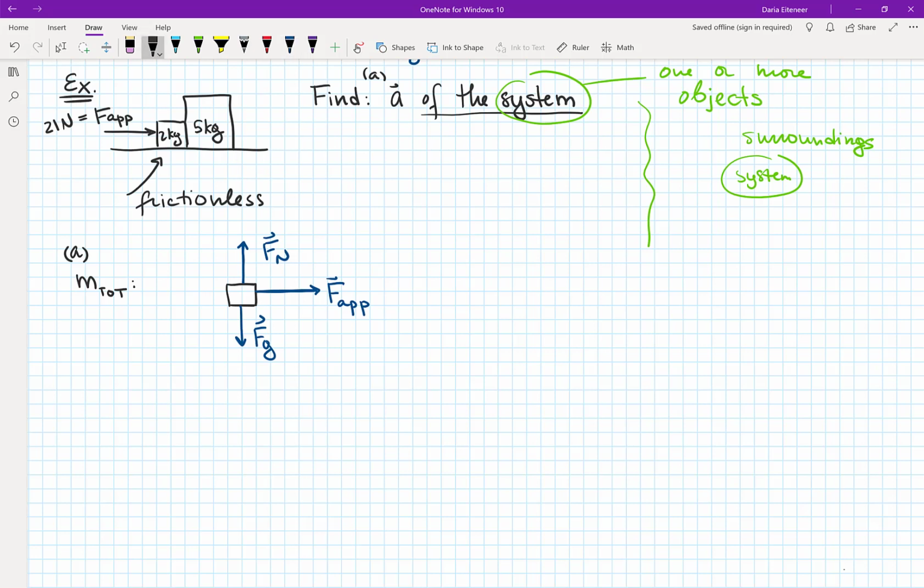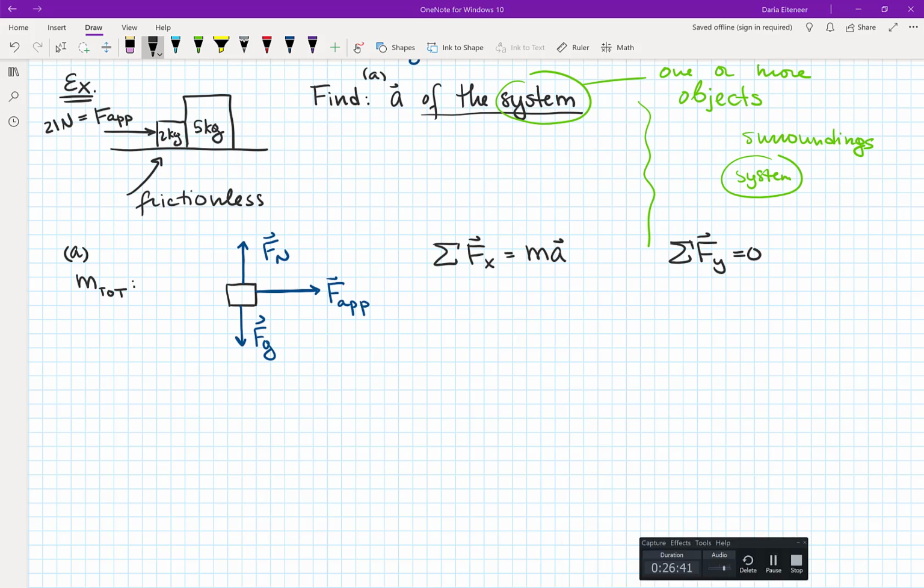Okay, what do we have? Once we draw the free body diagram, always write a statement of either first law or second law, as appropriate. So remember, equilibrium can exist separately in the x direction or y direction, both or neither.